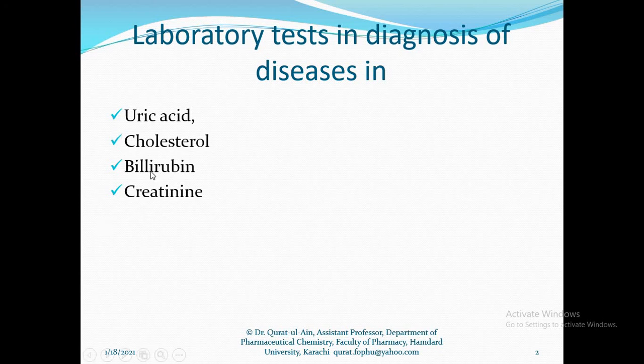Bilirubin is the metabolic product, or breakdown product, of your red blood cells, and a high concentration of bilirubin is an indication of jaundice, and jaundice is an indication that your liver is not working well.